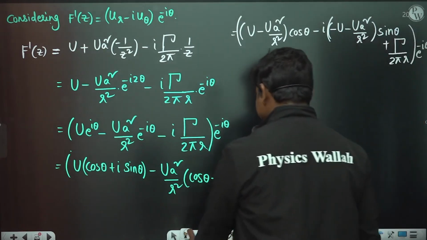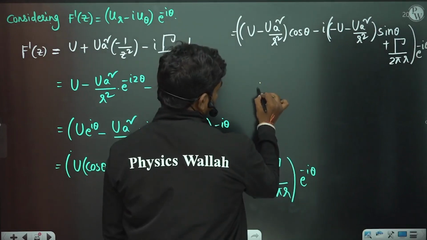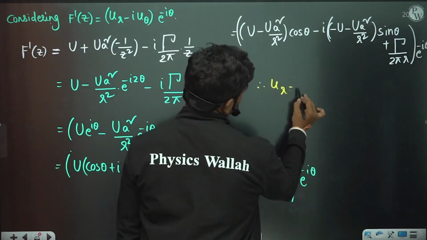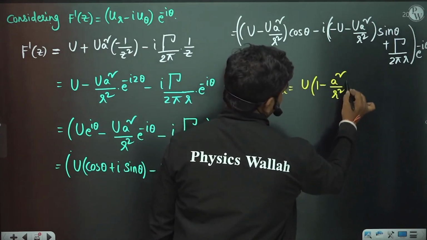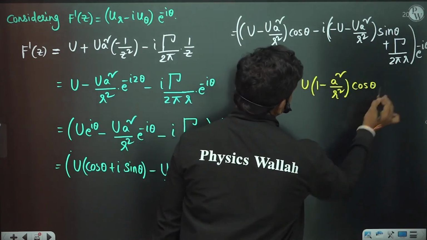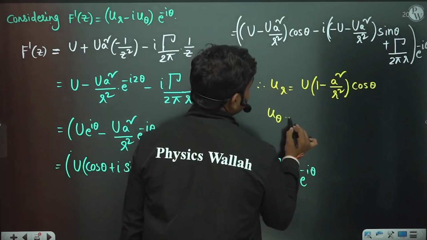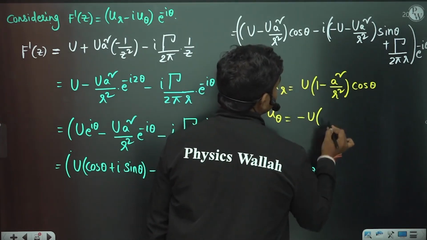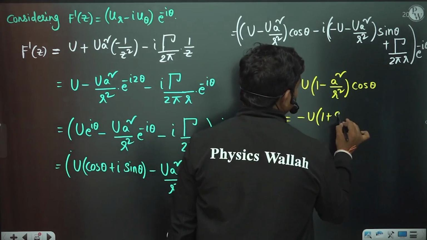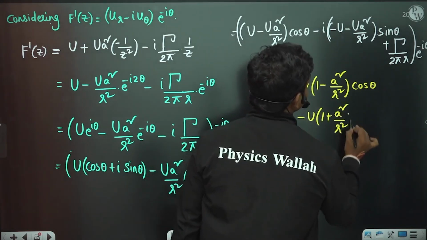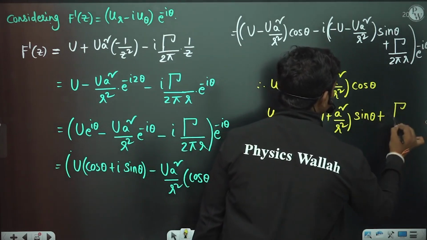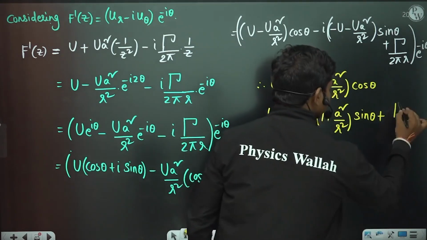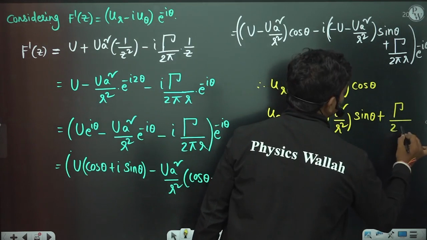Therefore, if you write the radial and theta component velocities, radial velocity is equal to u times of 1 minus a square by r square cos theta, like the previous case. And what about u theta in this case? u theta is minus u times of 1 plus a square by r square sin theta plus circulation divided by 2 pi r.